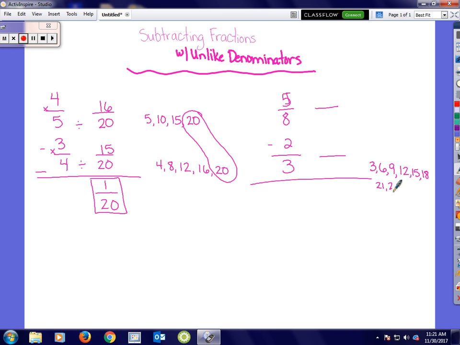And 3 times 8 is 24. 8 times 1 is 8. 8 times 2 is 16. 8 times 3 is 24. So there is my least common multiple.